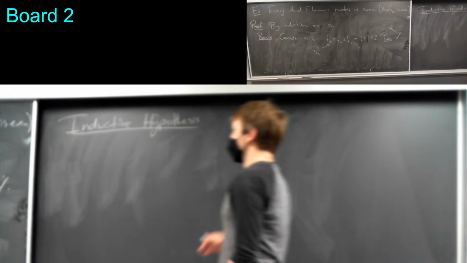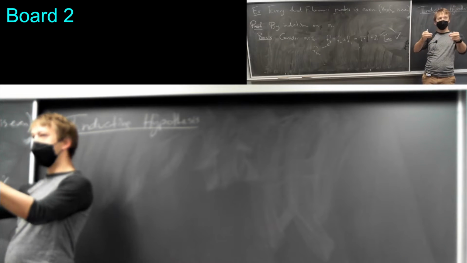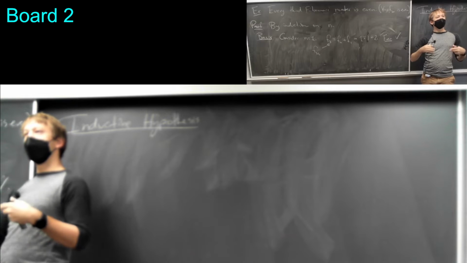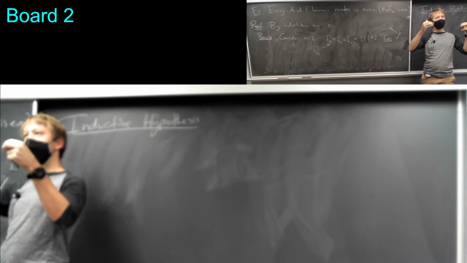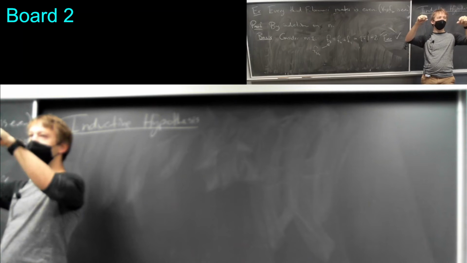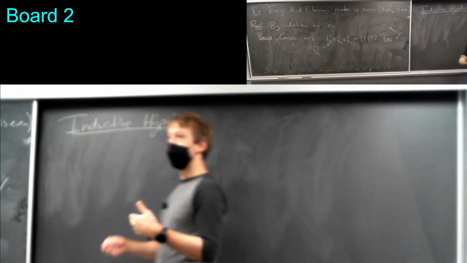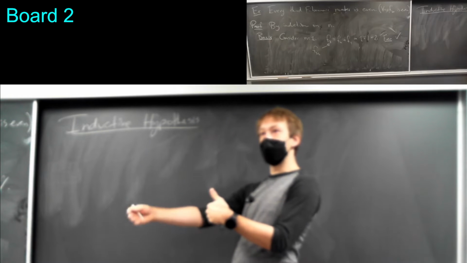So I'm just going to use weak induction here because we don't really need strong induction. So the inductive hypothesis says, take some number n and suppose, it's kind of an assumption. We assume we've proven it for the nth case, for some n. And then we want to derive it for n plus 1.